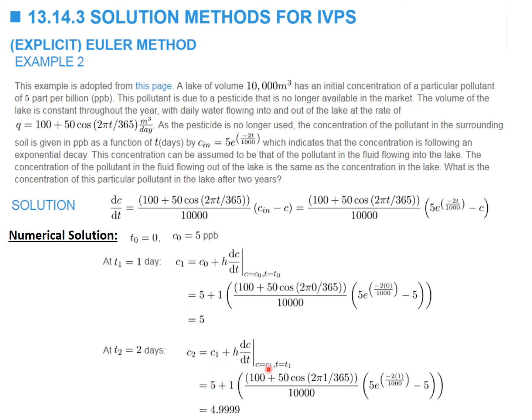C1 is given as 5, so wherever I see C, I put 5. T1 was equal to 1, and so every time I see t, I'm going to put 1. And so at C2, after 2 days, the concentration becomes 4.9999. And so you can see it starts to decrease after 2 days.